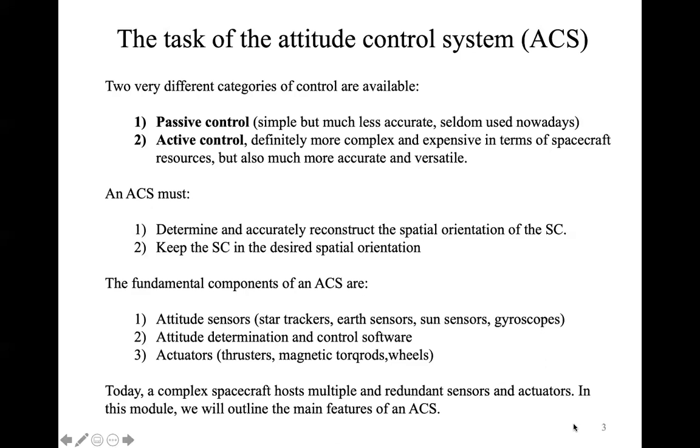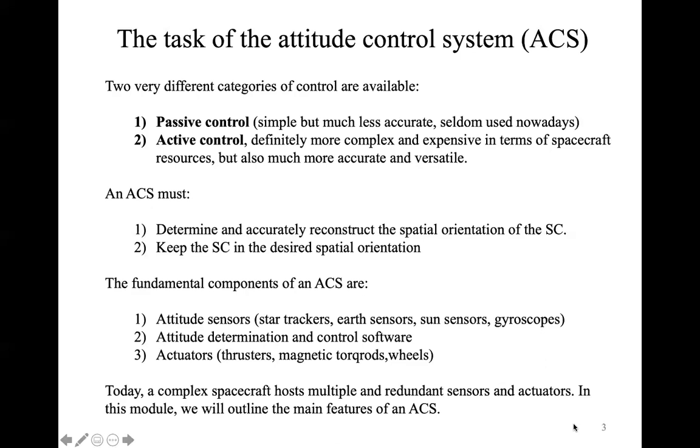What we are going to use is an approximation in which we assume that our goal is to control the spacecraft body frame to be close to the orbital frame. So our goal is to keep, for example, a spacecraft nadir pointed.